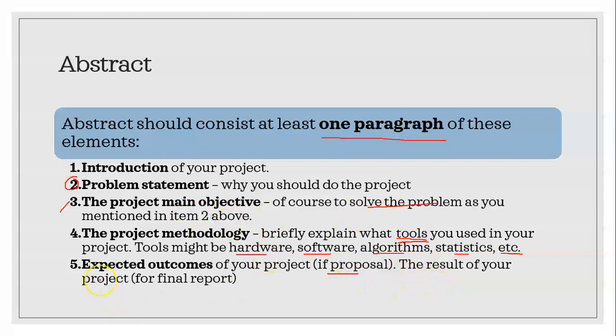Some sources, if you search on Google, say that the 6th item is the conclusion. You can add the conclusion if you like. Because the standard doesn't mention the number of words, normally we restrict the abstract to 350 words, no more than that, because the abstract is just a very concise synopsis of your project.